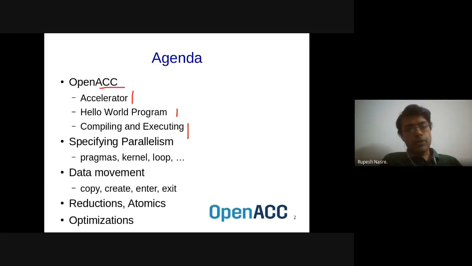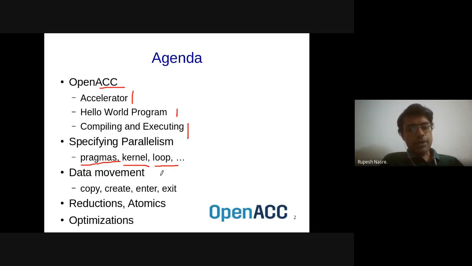Later, we'll go deeper into the syntax and the semantics of OpenACC. First, we'll study how you specify parallelism. Similar to OpenMP, there are pragmas, but there are some concepts which are slightly different, for example, kernel. Then there is a loop keyword in OpenACC, which we are going to study.